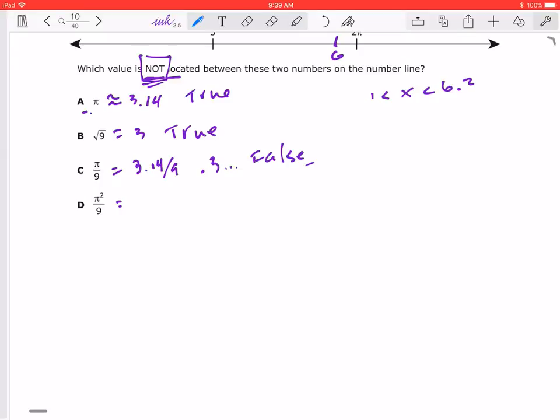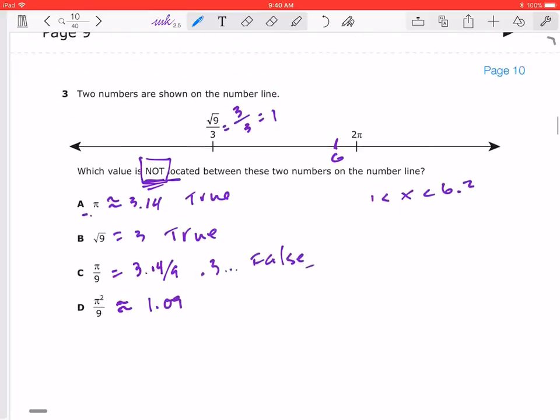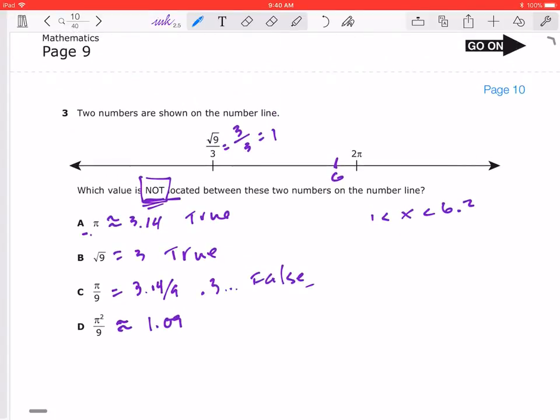And I'm going to divide that by 9. That gives us approximately 1.09. So that one does fall in our number line. So that one is also true. So the only possible answer that is not located between these two numbers is C.